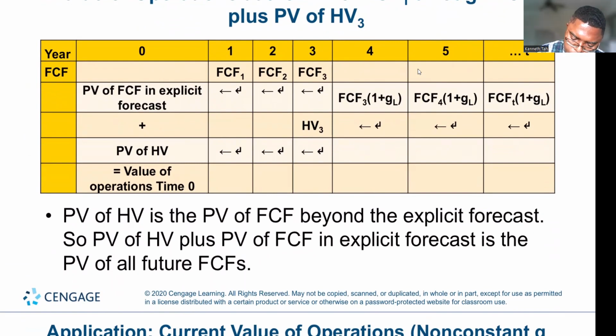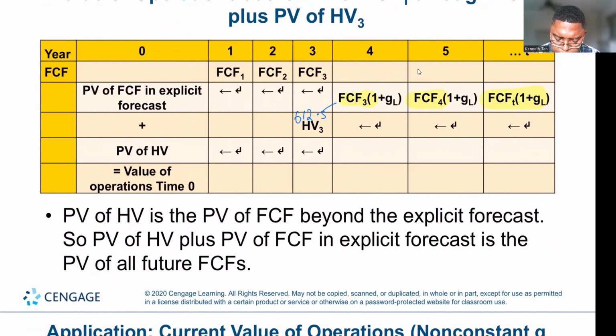So this is what we have calculated, and again it represents the value of cash flow for year 4, year 5, up to infinity.